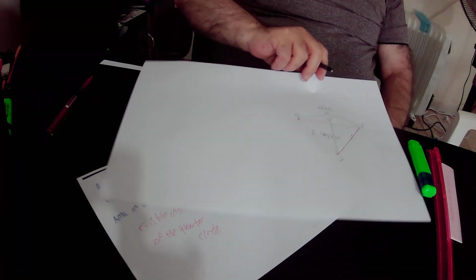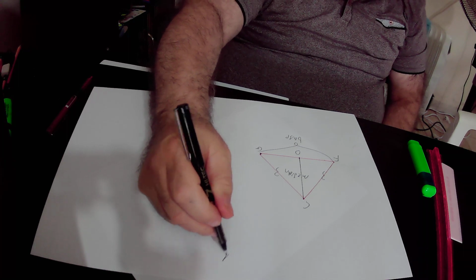So I copied the isosceles triangle CFG in this new page.